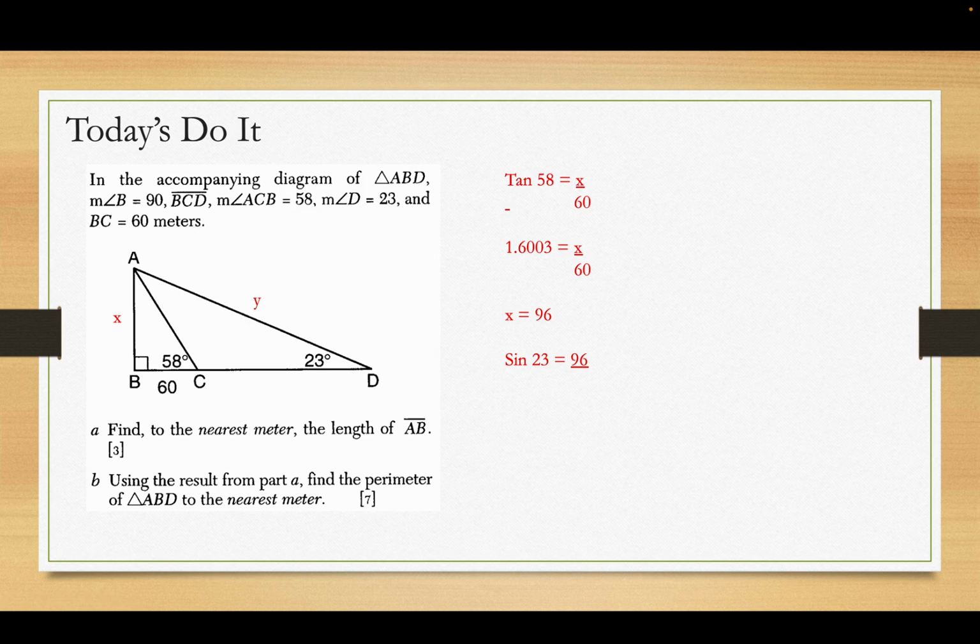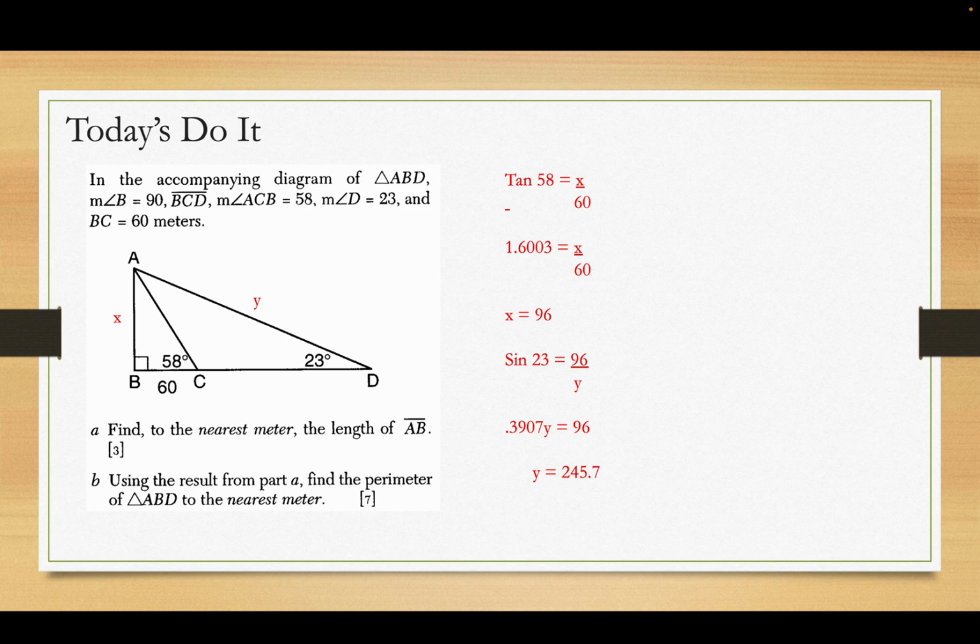So the sine of 23 is going to be 96, which is X's value, over Y. Look up the sine of 23, it's 0.3907, and then I did cross multiplying all in one step. 0.3907 times Y is 96. Divide by 0.3907, and Y works out to be 245.7.